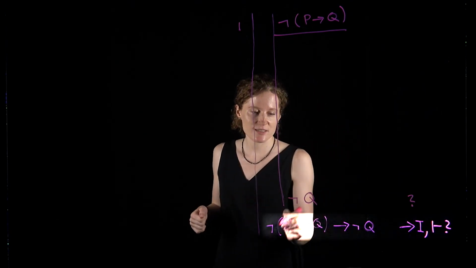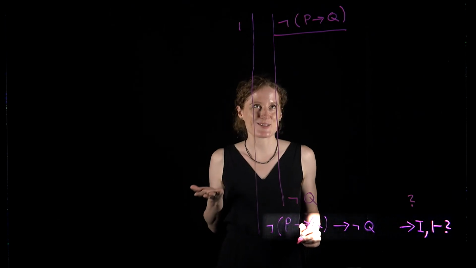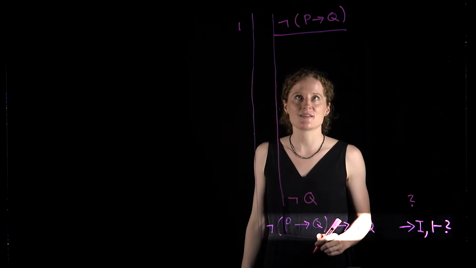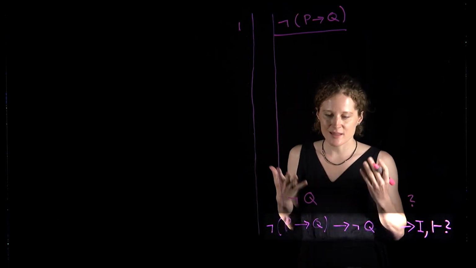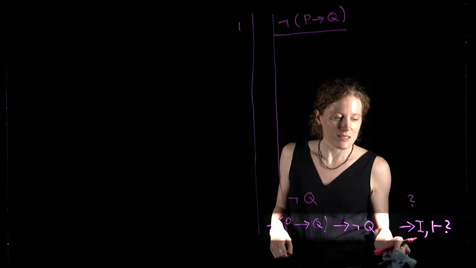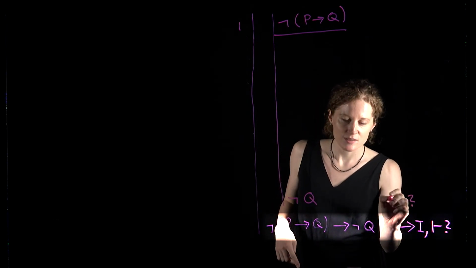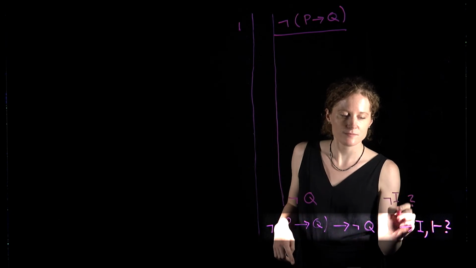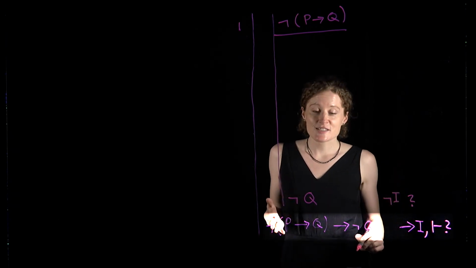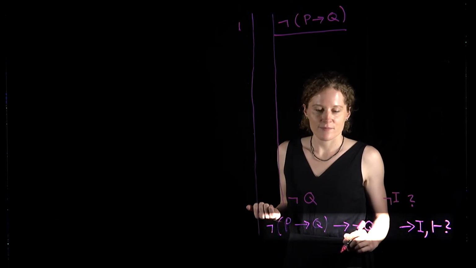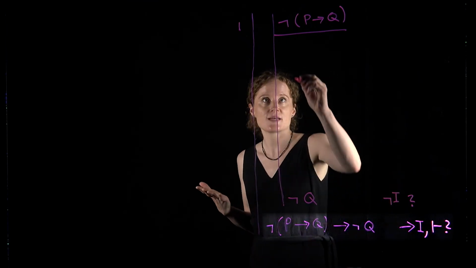Now the question is, how can I establish that not Q? Well, the main connective here is the negation sign. So that gives me an idea. I'm thinking, if this is a negated sentence, I can probably prove it using negation introduction. And negation introduction, again, requires the use of a subproof.